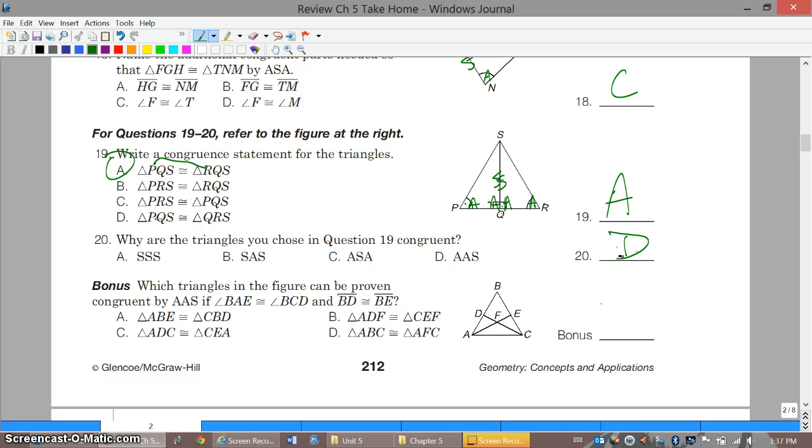Can be proven congruent by AAS if BAE, BCD, BD and BE. Which triangles make up this angle?